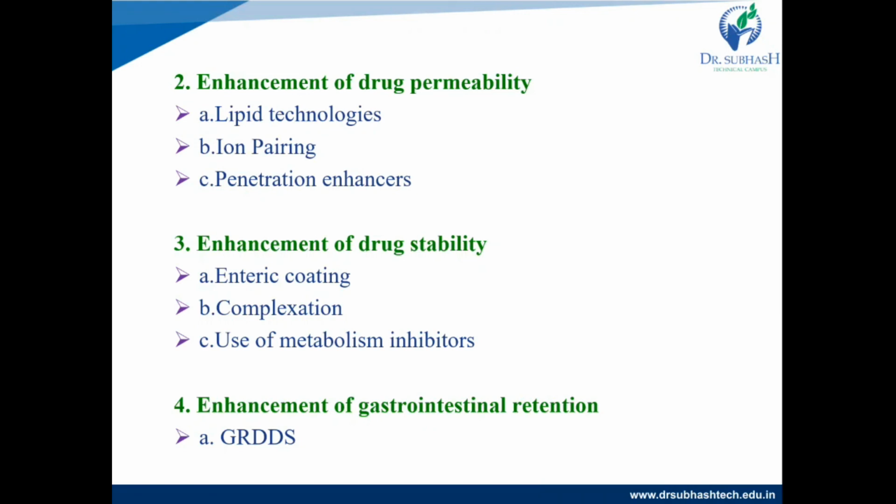So that goes for stability. Complexation: this technique is used to increase the stability of the drug in the GI tract by complexing with a complexing agent. Use of metabolism inhibitors, which can selectively inhibit any of the contributing processes, would result in increased fractional absorption and increased bioavailability.